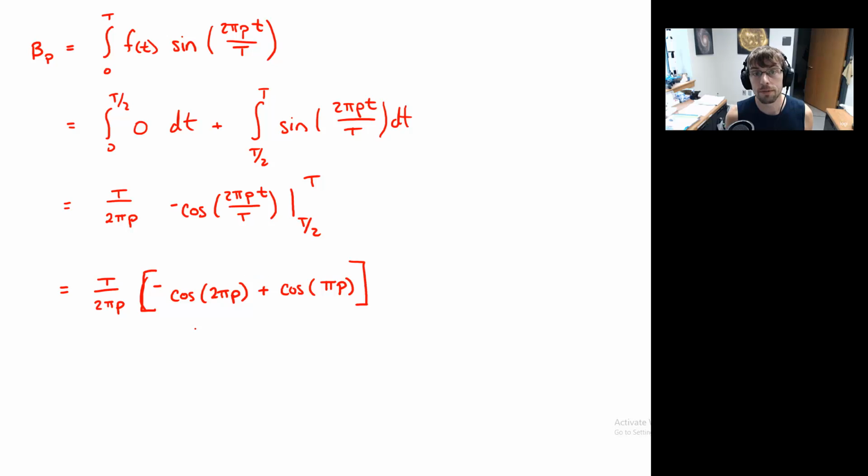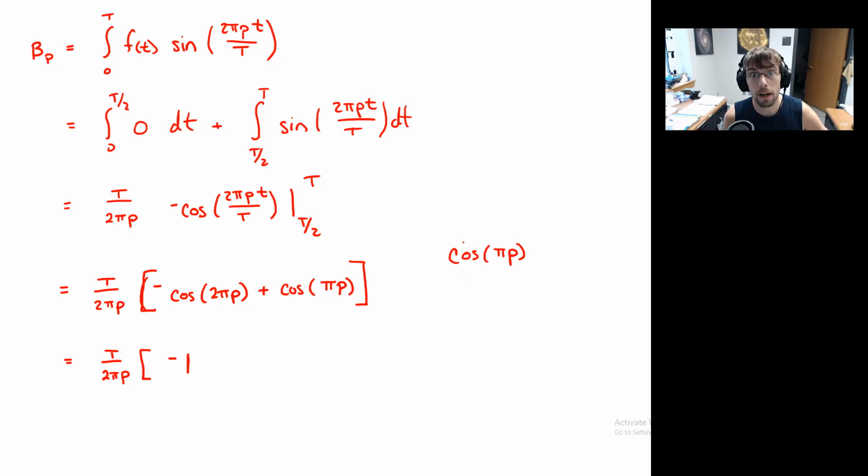Now, cosine of 2 pi p for any value of p is going to be 1. Good, good. So we see that T over 2 pi p, this will give me a negative 1 for the first term. How about pi p? Yeah, hopefully you see the second term, cosine of pi p.